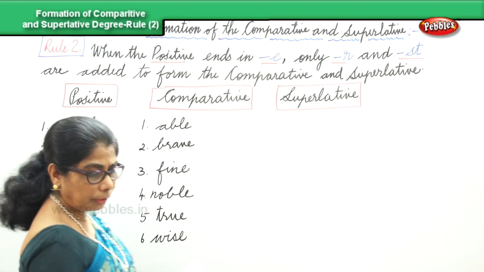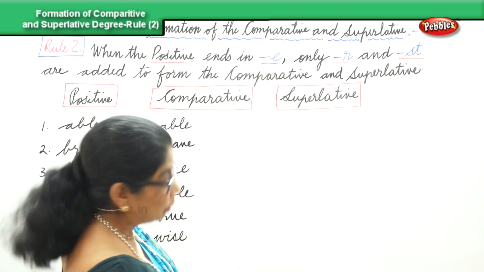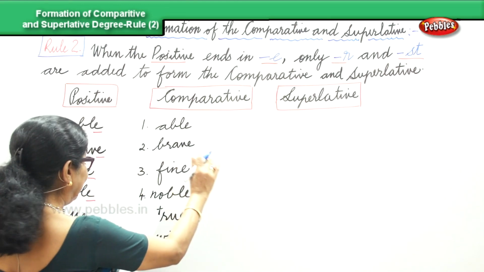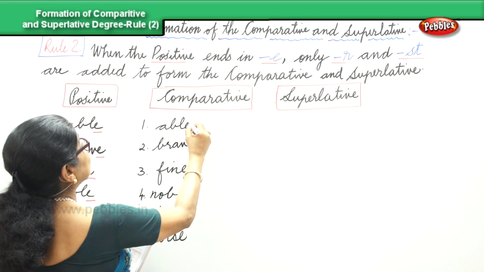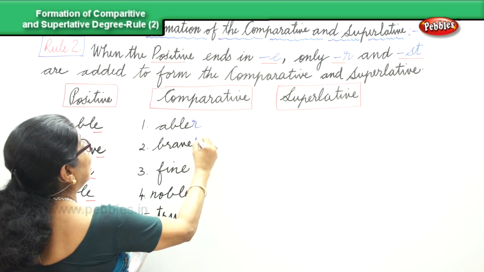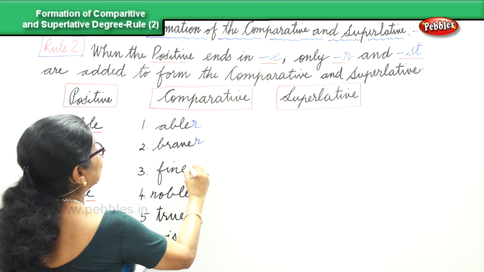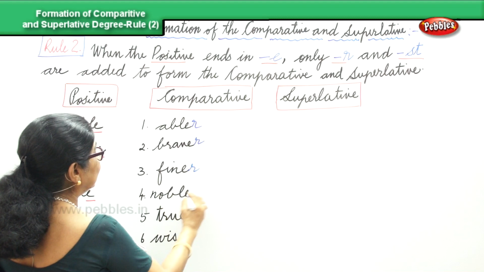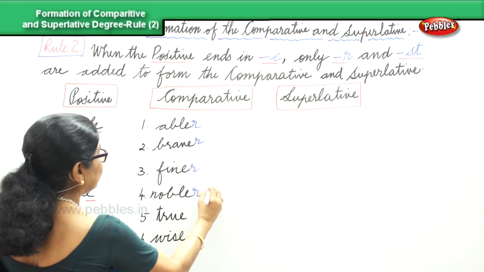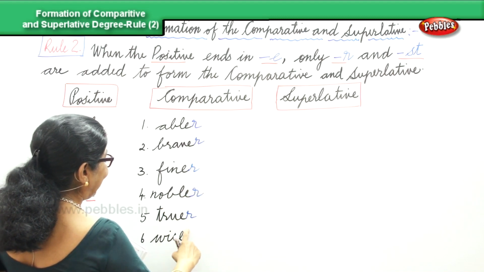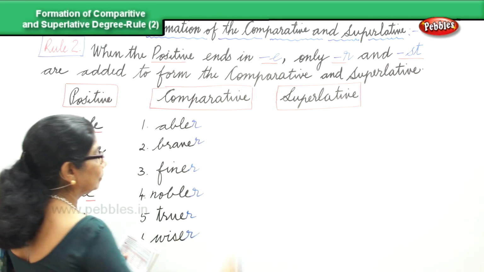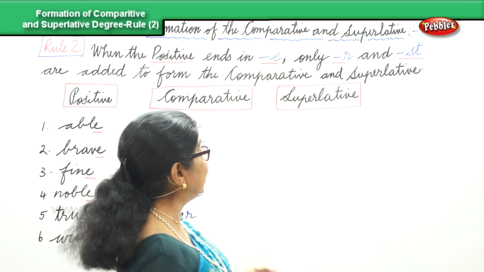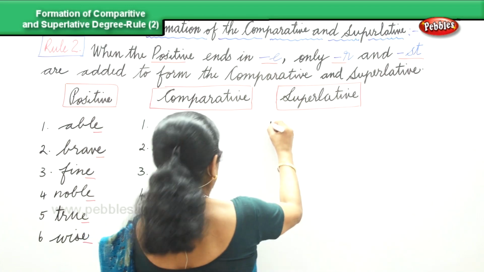Okay, now to form the comparative, only R is added to form abler, braver, finer, nobler, truer, and wiser.